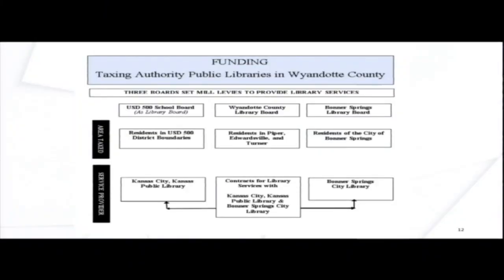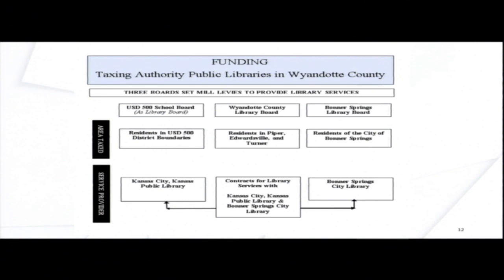So generally, regarding the taxing authority of the public libraries in Wyandotte County, there are 3 mill levies set by 3 respective districts. There's the USD 500 School Board, which acts as the library board, the Wyandotte County Library Board, and then Bonner Springs. The second level here shows which residents pay those taxes. The residents of those respective districts are the ones that pay those taxes.